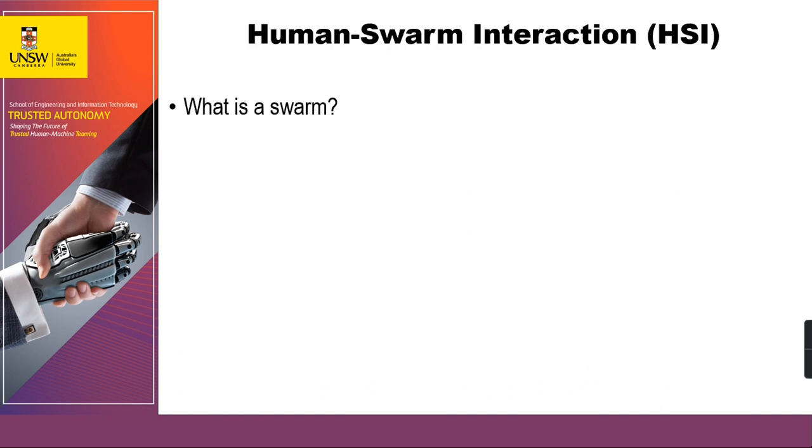Let me start with a brief description of what a swarm system is. A swarm is a group of individual robots, typically with limited processing capabilities. The local interactions between these robots can result in complex behaviors like flocking or area coverage.